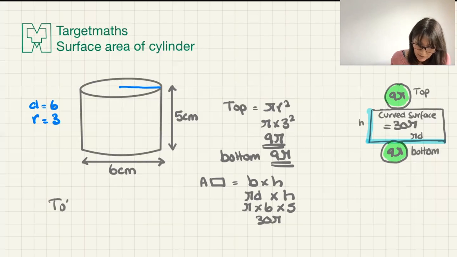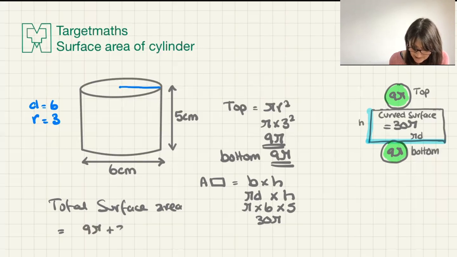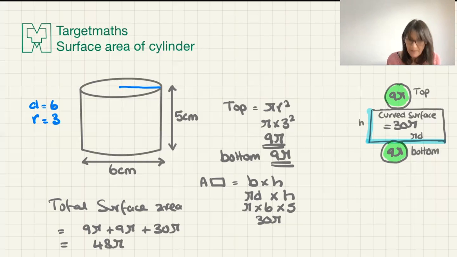So my total surface area is equal to 9 pi plus another 9 pi plus 30 pi. This is like collecting like terms. I've got a total of 48 pi.